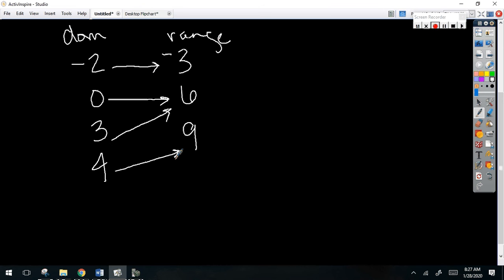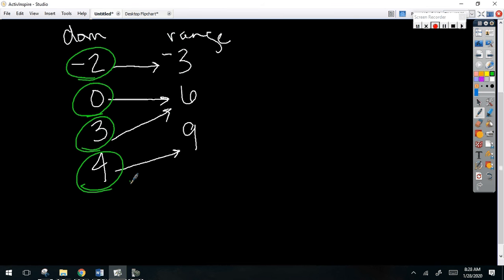Does every input have exactly one output? No, because their output is the same. Okay, let's look. Yes, it does. How many outputs does negative 2 have? 1. How many outputs does 0 have? 1. How many outputs does 3 have? 1. How many outputs does 4 have? 1.